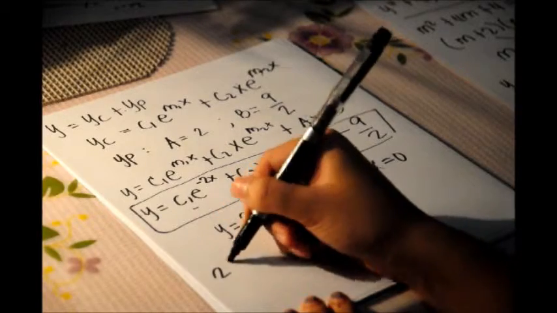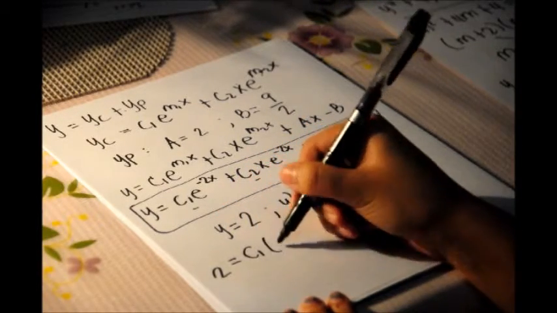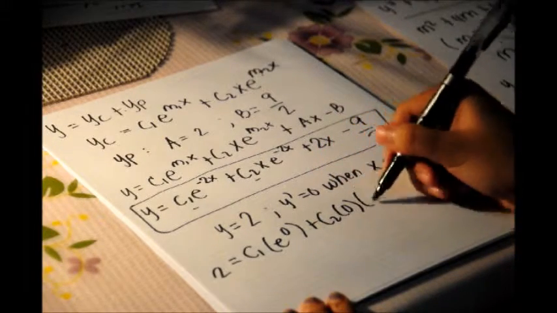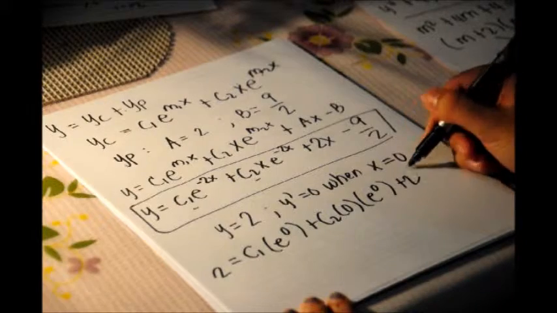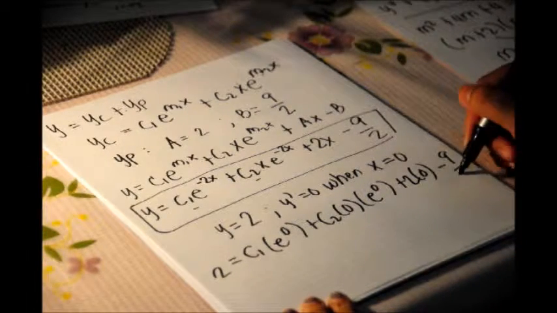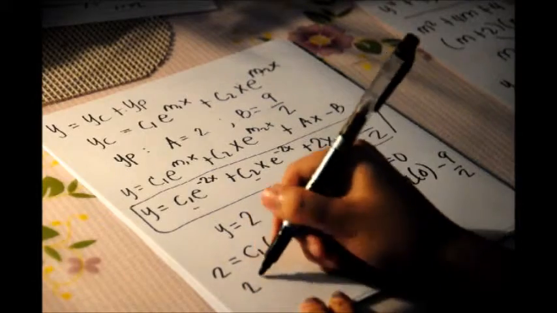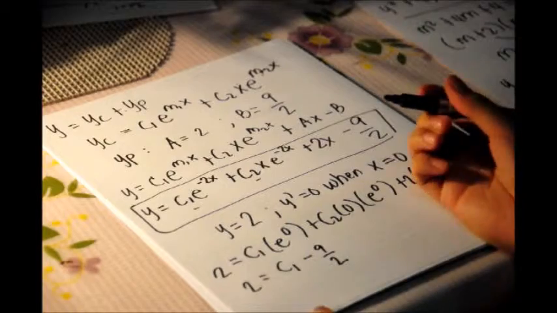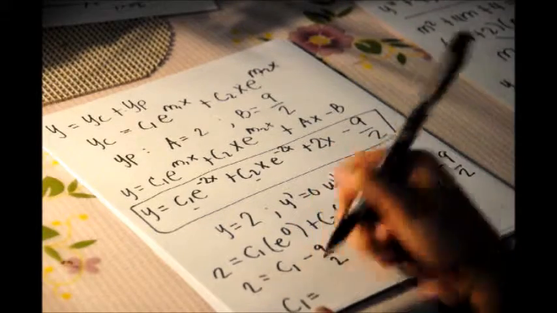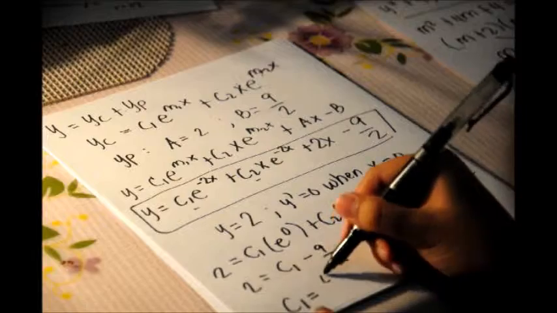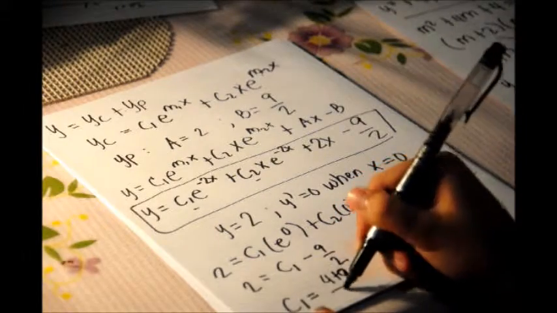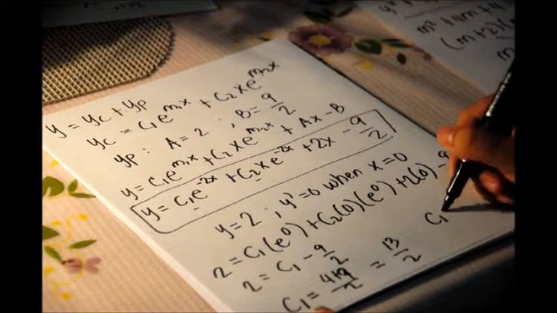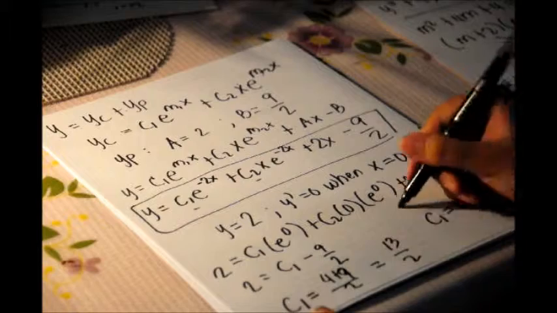So we have 2 is equal to c1 times e to the 0 plus c2 times 0 times e to the 0 plus 2 times 0 minus 9/2. So we have 2 is equal to c1 minus 9/2. So c1 is equal to 2 plus 9/2, which is equal to 13/2. So the value for c1 is 13/2.